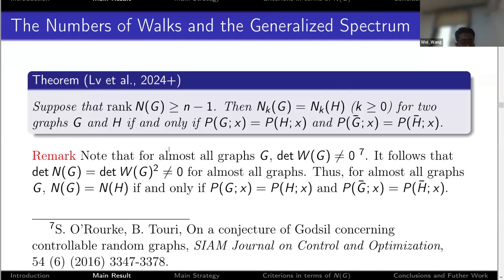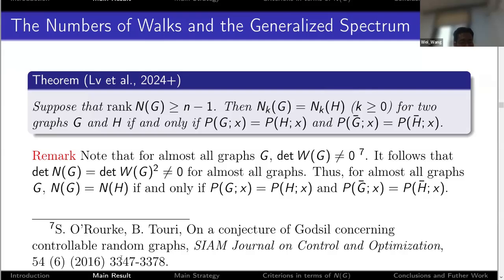So from here we see for almost all graphs G, the determinant of W_G is not equal to 0, by this paper. Actually, Professor Godsil made a conjecture that almost all graphs are controllable.